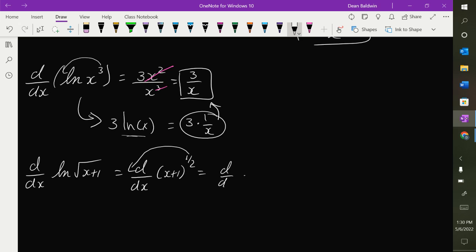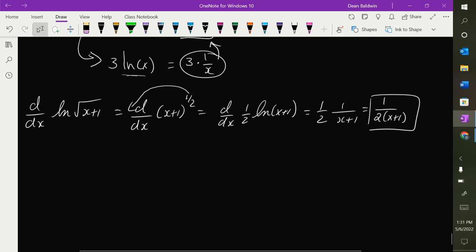So it's the derivative of 1/2 natural log of x plus 1. The 1/2 is a constant, so it just stays. Derivative of x plus 1: put the x plus 1 in the bottom, and the derivative of that goes up top, which is just 1. So it's 1 over 2 times x plus 1.